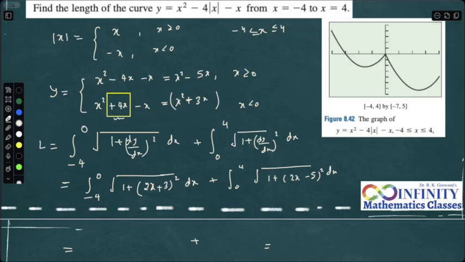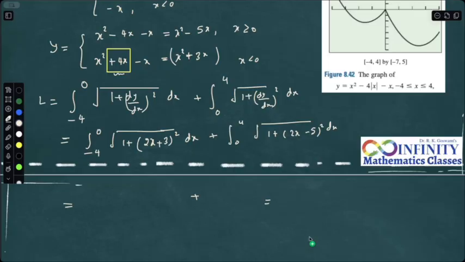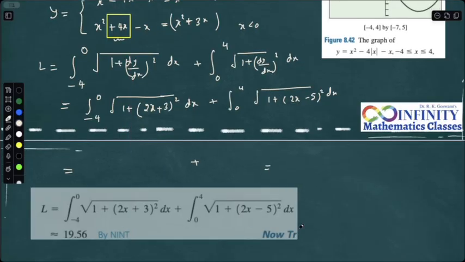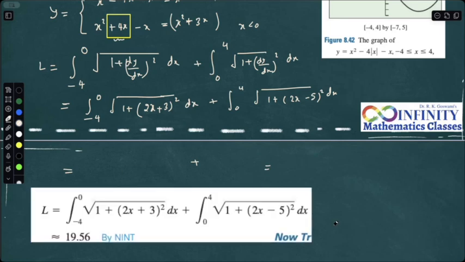Done. Would it be 19.556? Perfectly okay. It is 19.56 without any issue. So I hope you get the idea that whenever the derivative is not defined at a point, we can bifurcate the interval for getting the arc length. We can convert it to minus 4 to 0 and 0 to 4. Any doubt there?